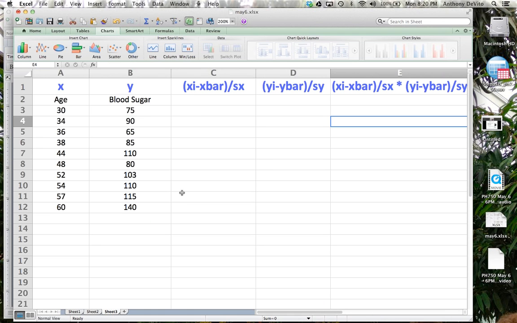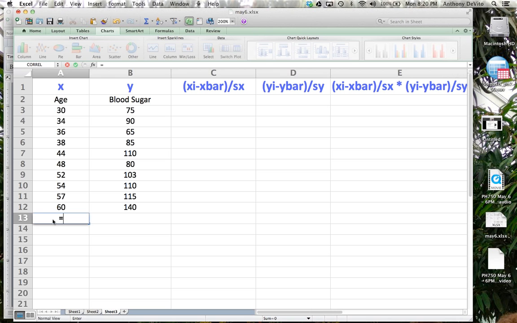Okay, so first thing I need to do is calculate X bar, because my first column here wants me to calculate each individual X value, Xi, minus X bar, the average for the X values. That's going to be equal to average for all these X values. That's my X bar.